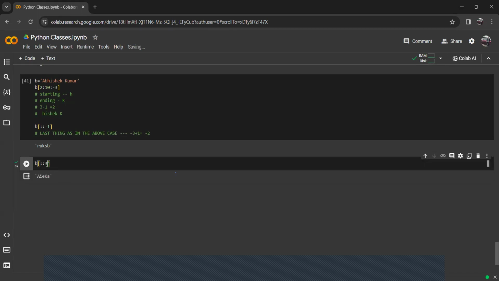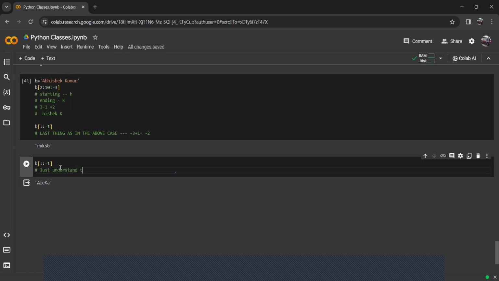But when you give a negative value, these things will be reversed. Just understand this minus sign as reverse logic. Now do everything the same way you are doing. So this minus sign is reverse logic, which means starting will be from the reverse.